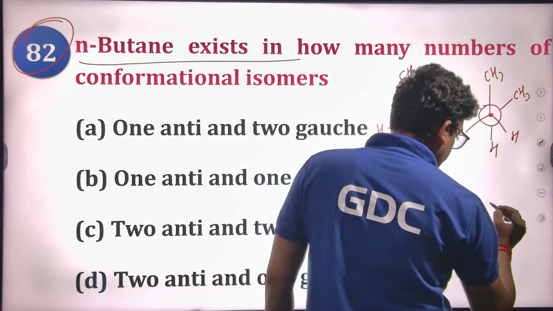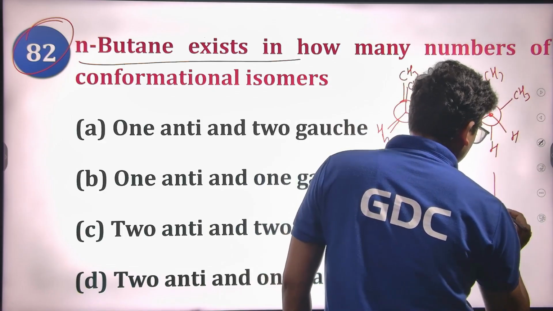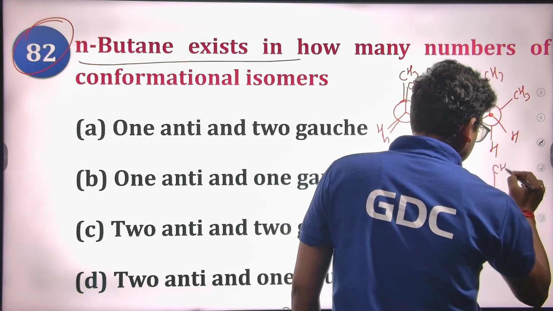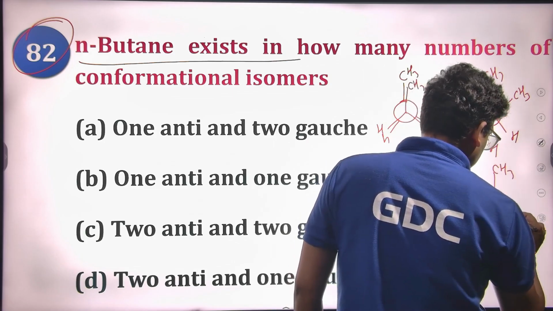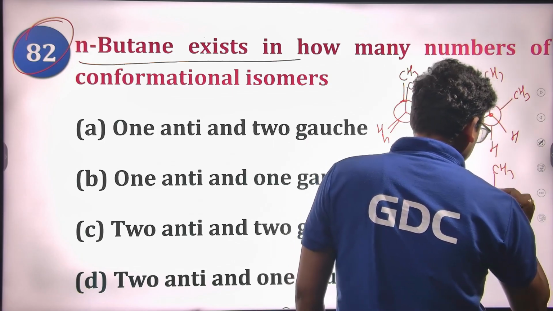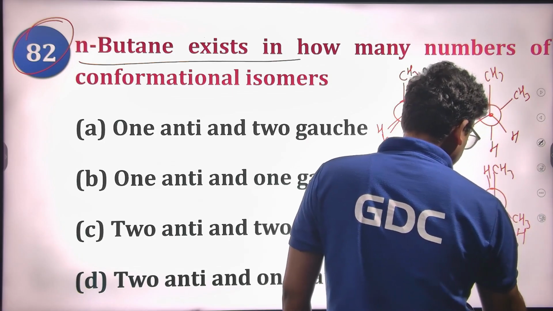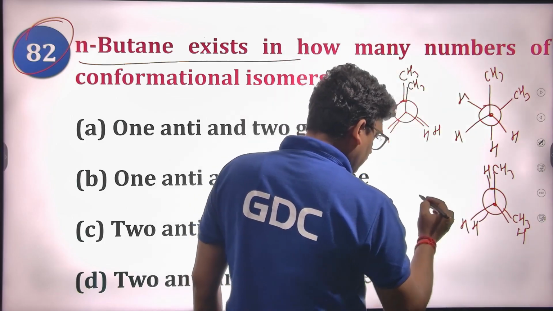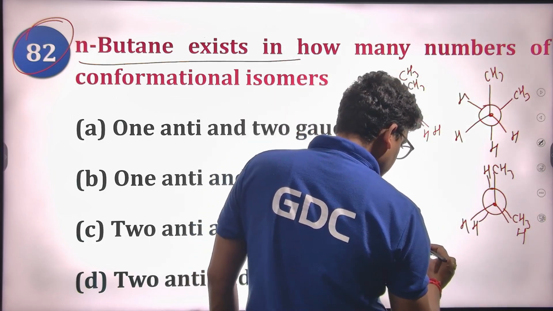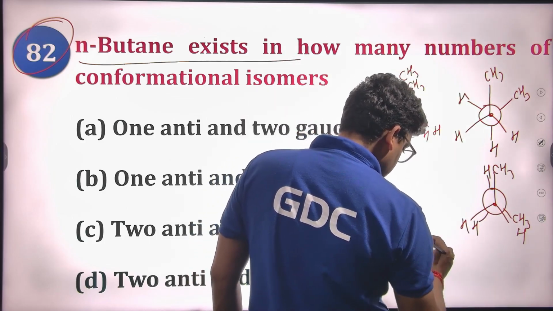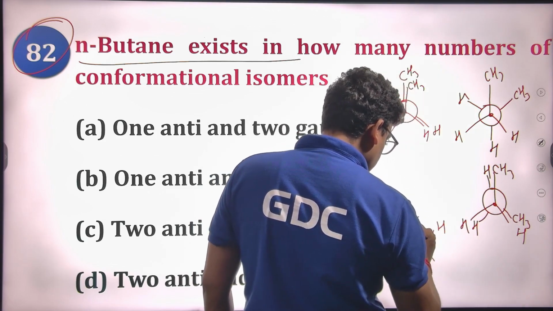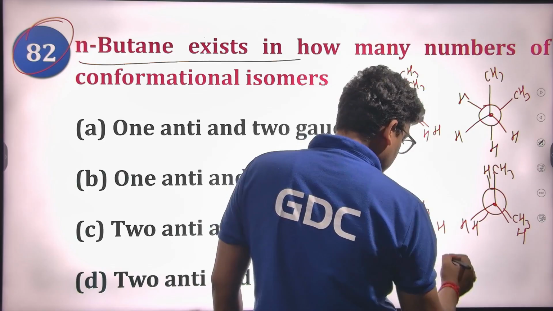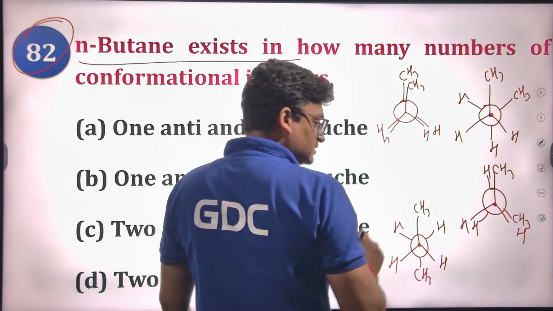After the next rotation we will be getting CH3, H and CH3, H. Further rotation, we will be getting CH3 here, H, CH3 here, H. This is the anti form.